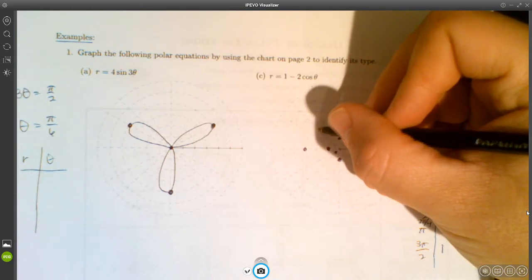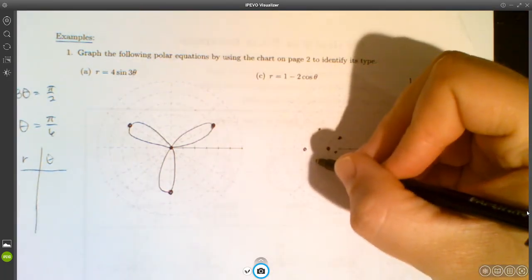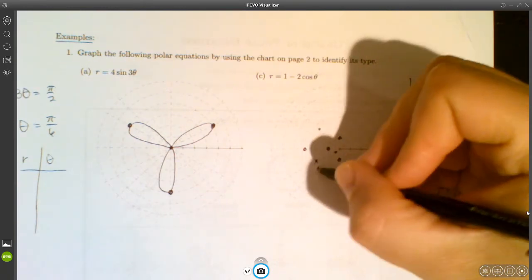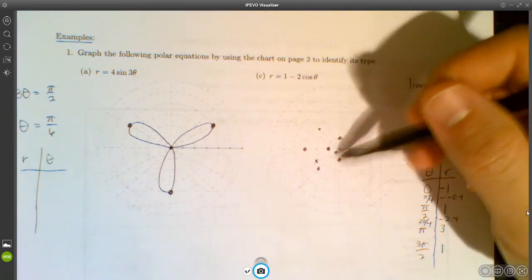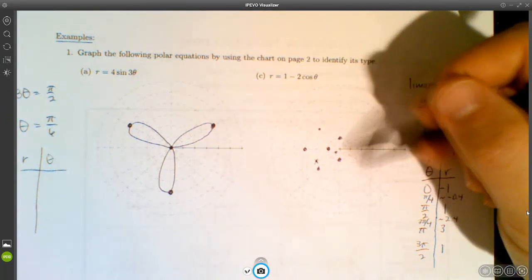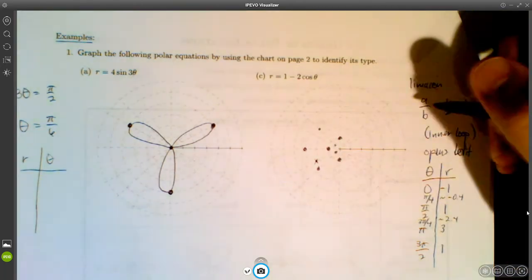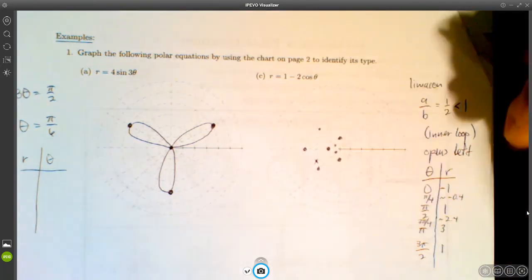I'm going to get the same thing down here, right? Or sorry, here. Not that point, that point. And then at 7 pi over 4, I would be at negative 0.4 again. Okay. So I think I have some clue of what this thing is looking like.